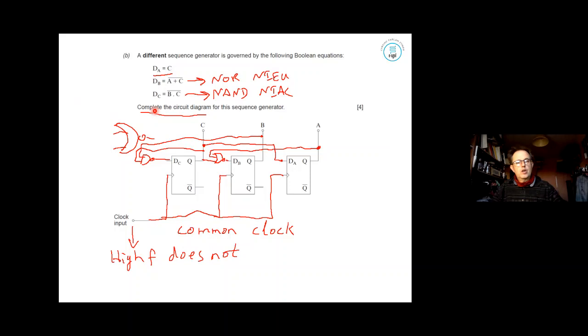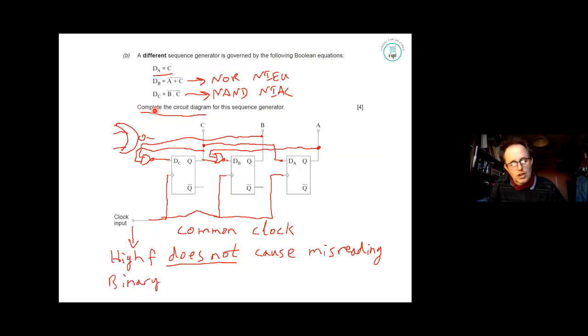So high frequency going into a sequence generator will not cause problems on the outputs. Now when it comes to binary, you can have misreadings. So high frequency does not cause a misreading on sequence generators.